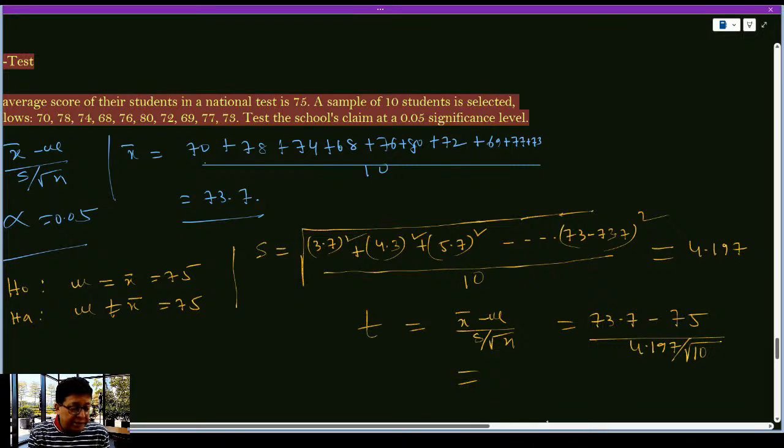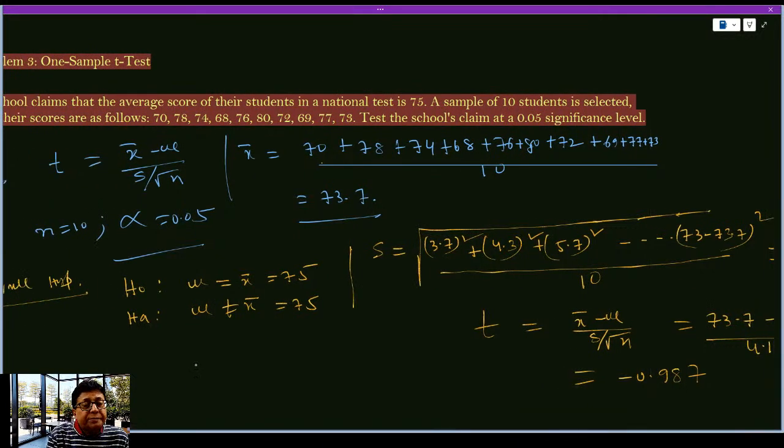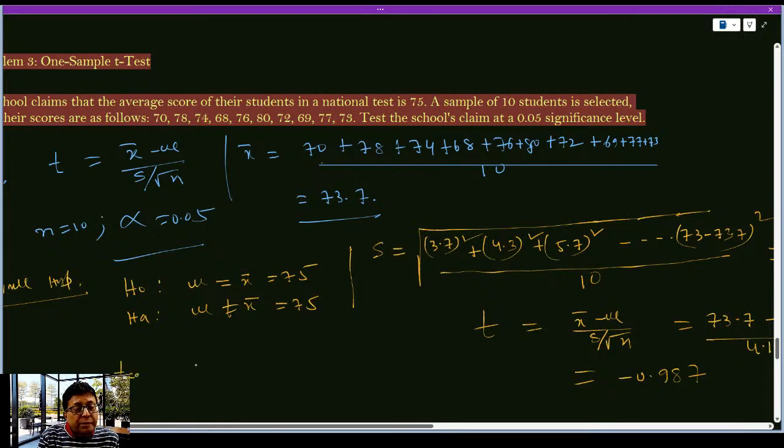Oh, yes, done. This is coming minus 0.987. Okay. So you got the calculated value of t as minus 0.987.